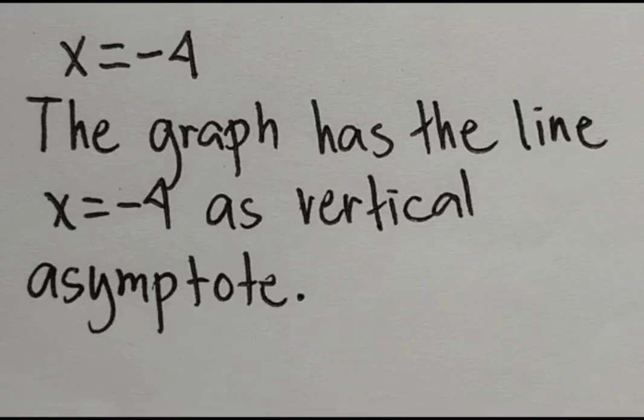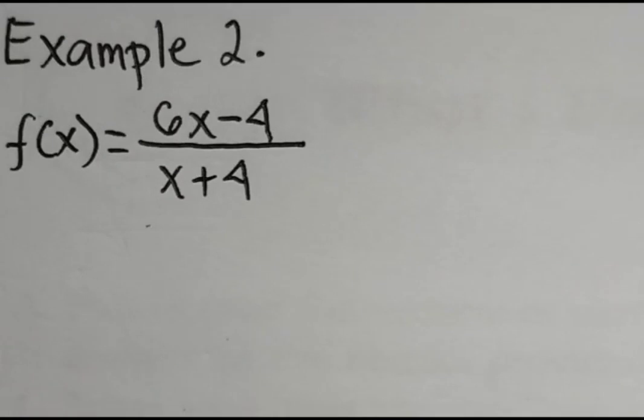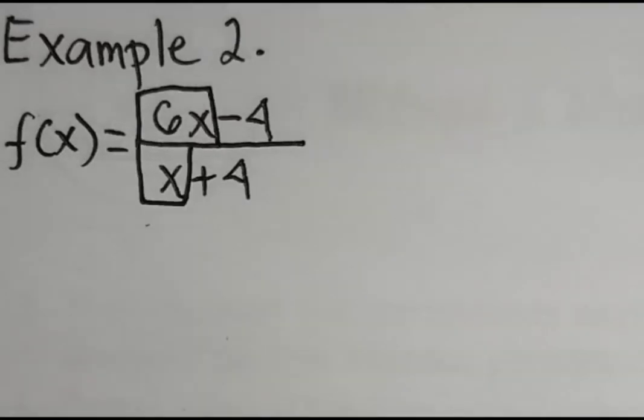Now let's move on to the horizontal asymptote. Again, for finding the horizontal asymptote, you just need to focus on the degree of the numerator and denominator. The degree of our numerator is 1, and for our denominator it is 1. Therefore, the degrees of numerator and denominator are equal.